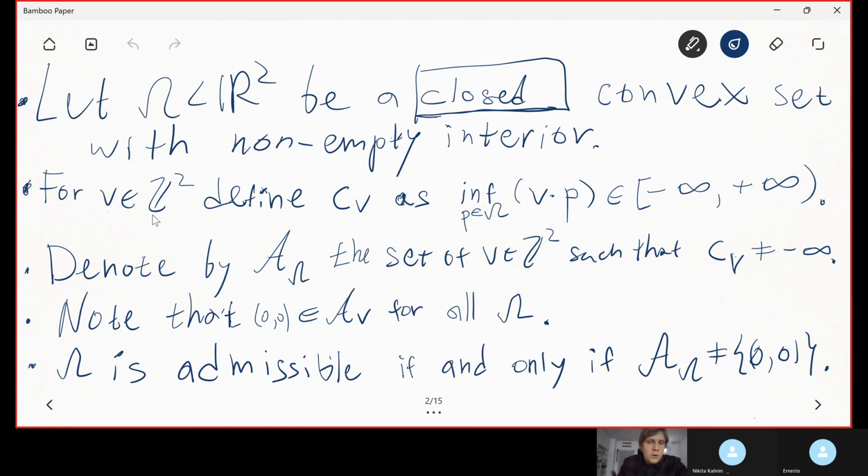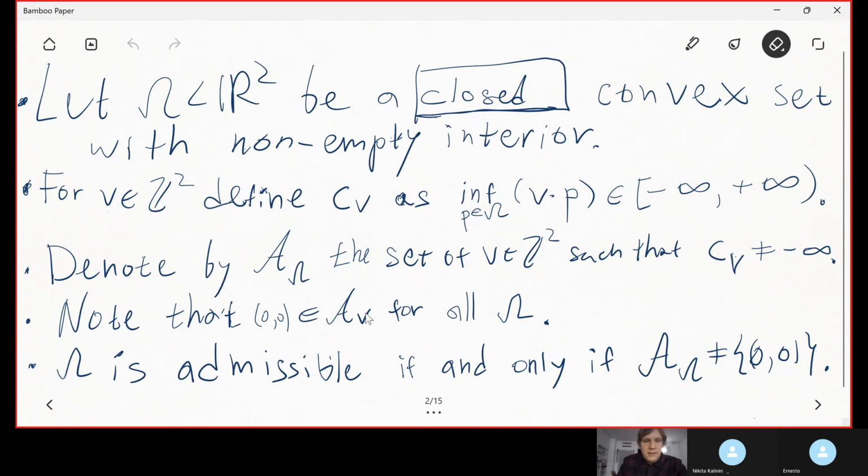If your domain is compact, then it's always finite. And now we denote by A omega the set of all such integer vectors that have a finite infimum. And we note that 0 always belongs to this set.